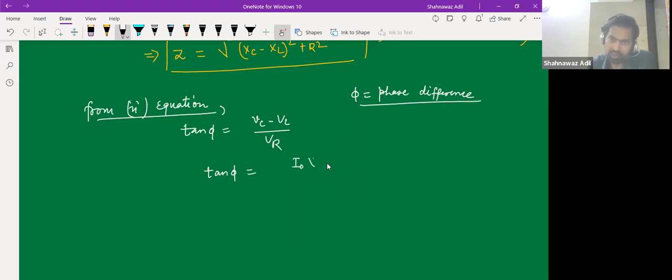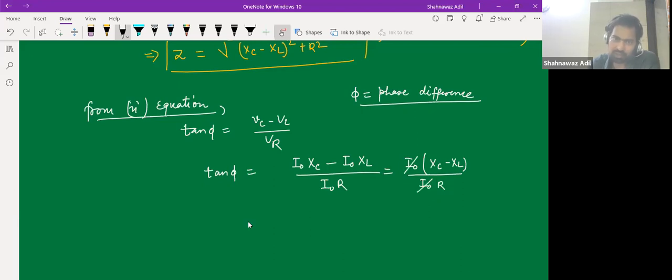So I naught XC minus VL is I naught XL, divided by I naught R. So then I naught is taken outside, and then this would be XC minus XL by I naught R. So I naught cancels, and tan phi is XC minus XL by R. So phase difference phi is tan inverse of XC minus XL divided by R. So this is phase.